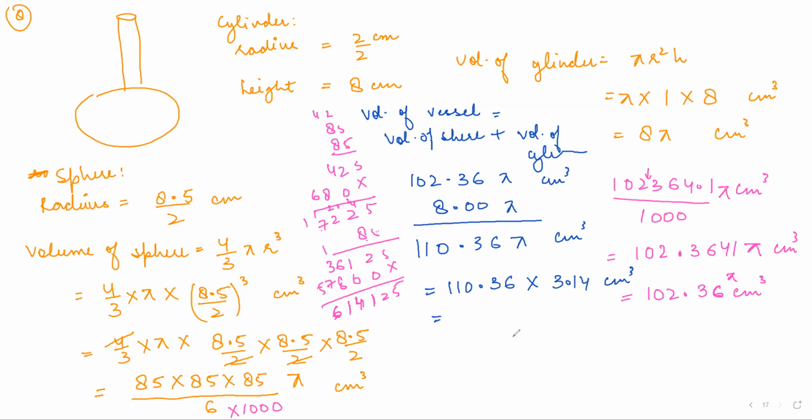Now please multiply this. Let me do it quickly because time is over. So I'm doing with calculator right now. 0.36 multiplied by 3.14. So I'm getting this 346.53 something 04.